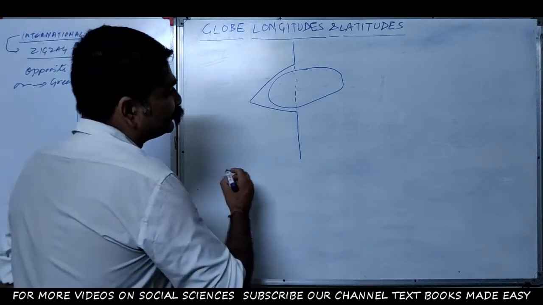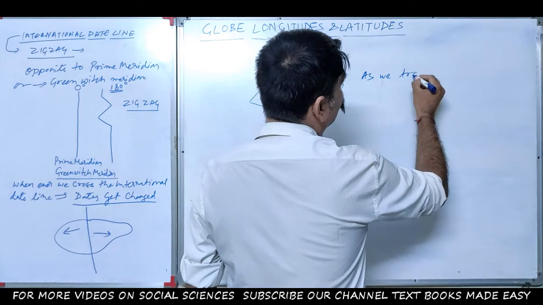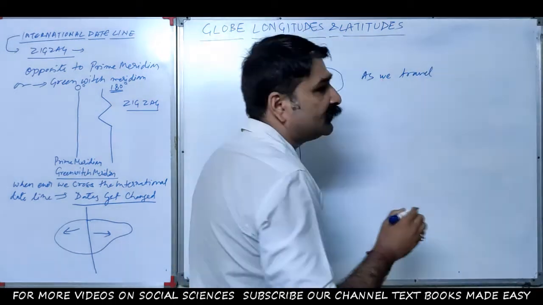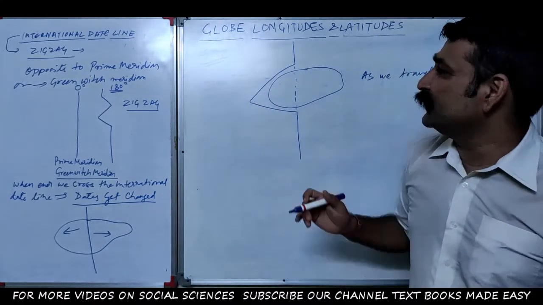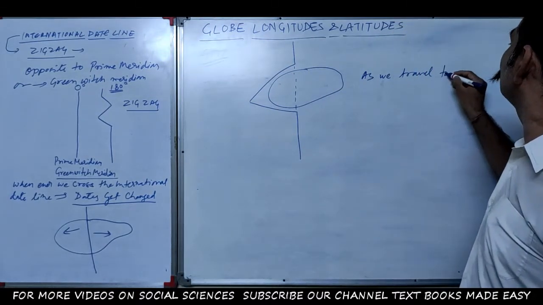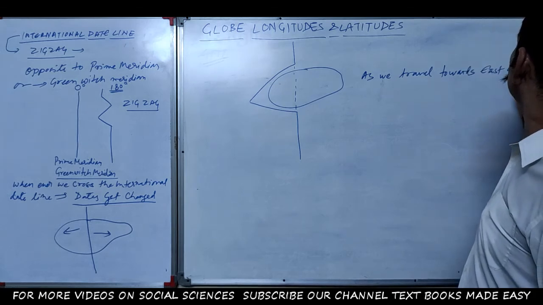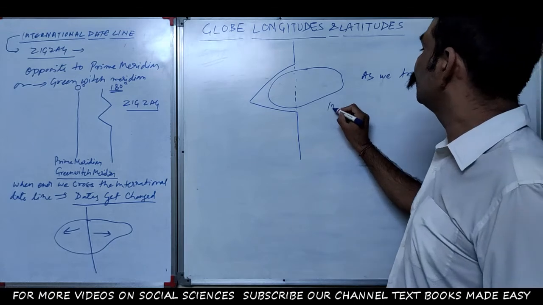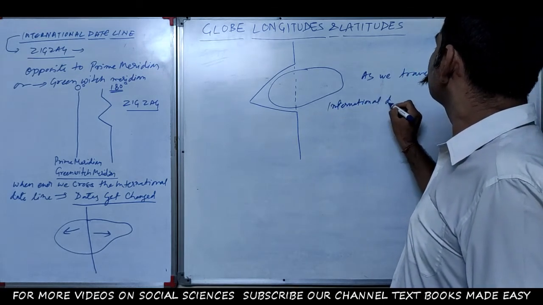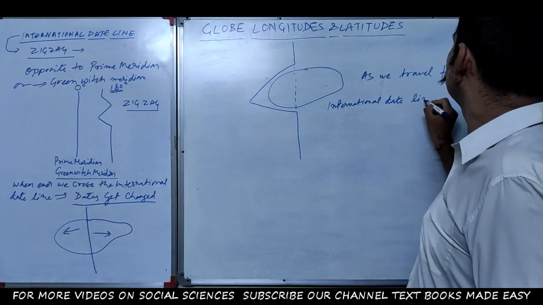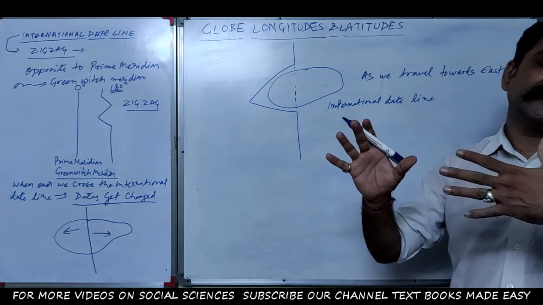Okay, so now I'll tell you how the dates change. As we travel towards the east of the international date line, we are traveling in which direction?